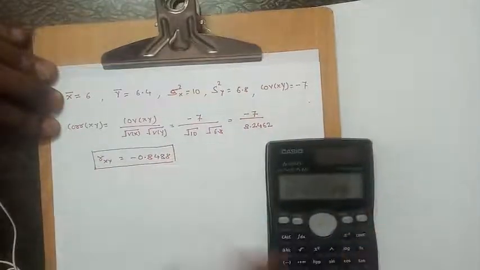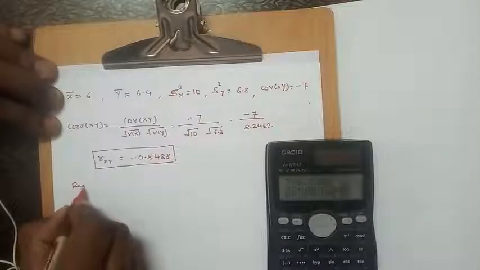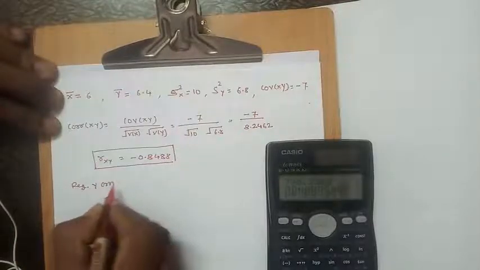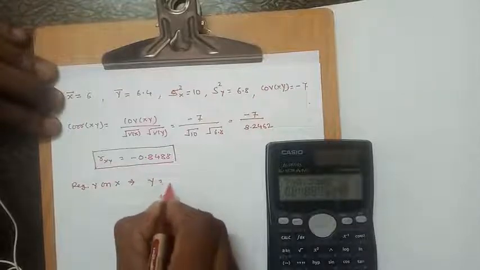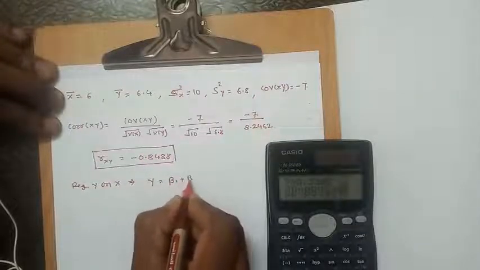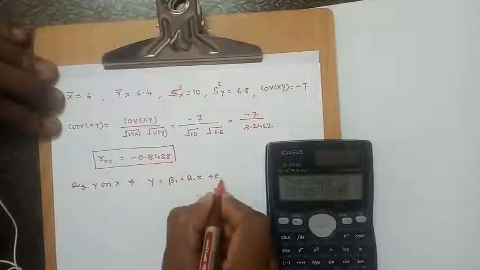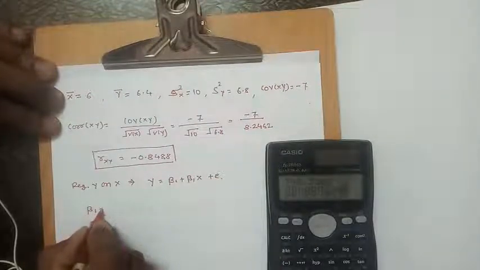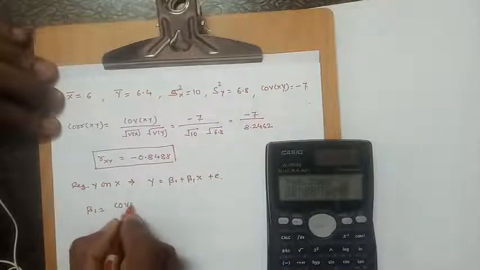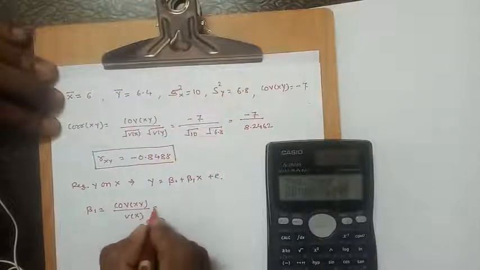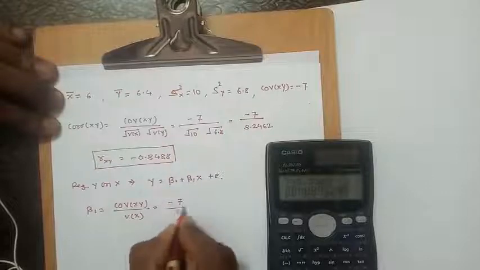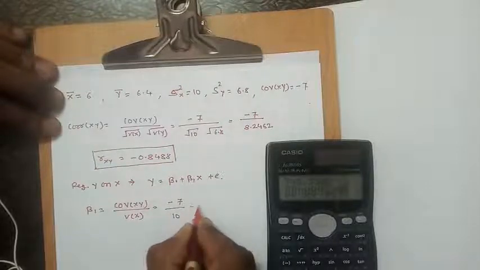Now I will write the regression equation y on x. This can be written as y equal to beta 0 plus beta 1 x plus e. So beta 1 can be calculated as covariance of xy divided by variance of x, which is equal to minus 7 divided by 10, which is equal to minus 0.7.